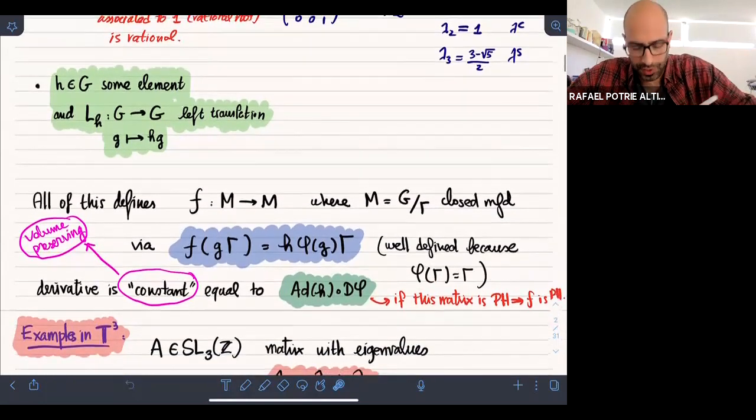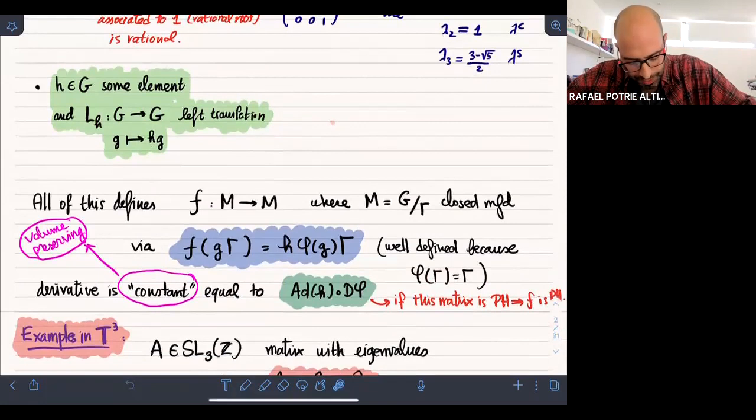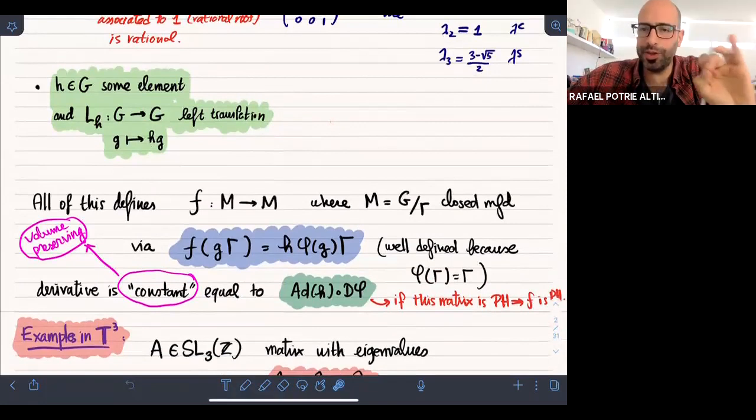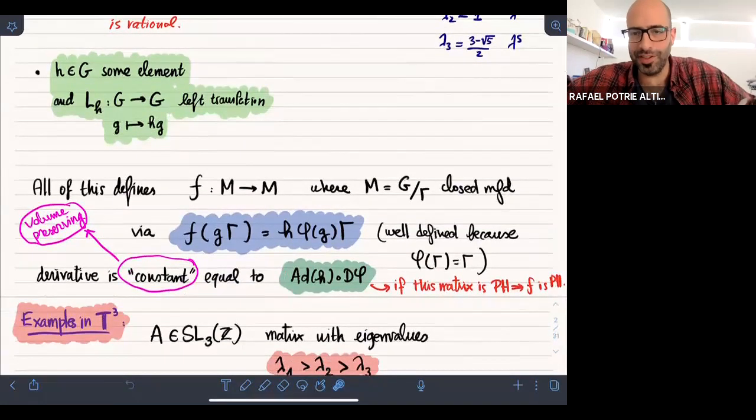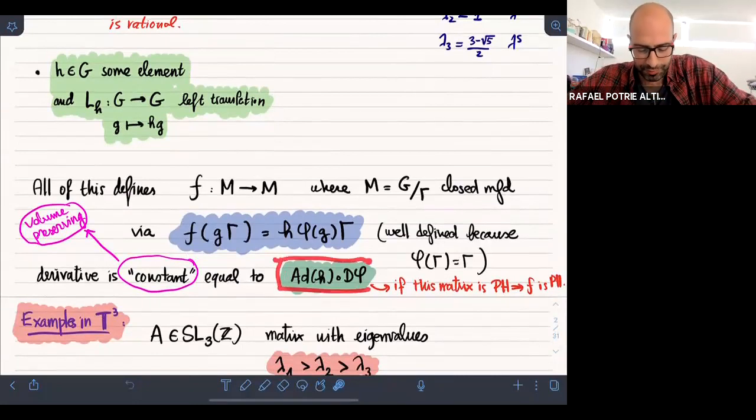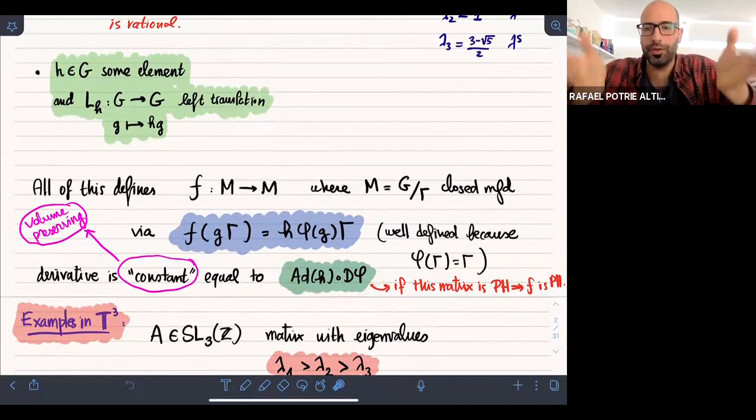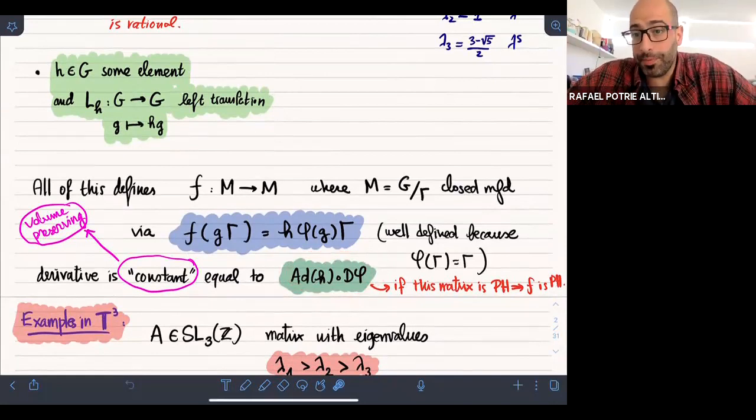Okay, I will compute this precisely in the case of PSL2R. I don't want to discuss Lie groups. If you know it, the point is this is a formula that allows you to compute the derivative of this diffeomorphism at every point.